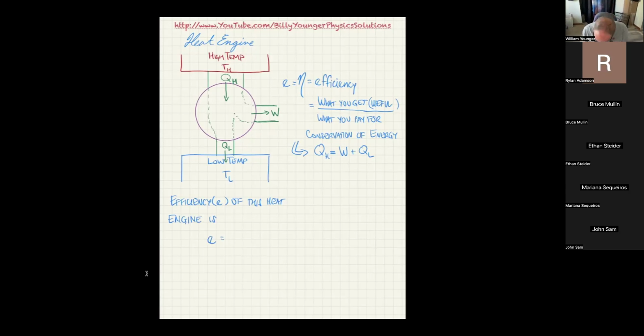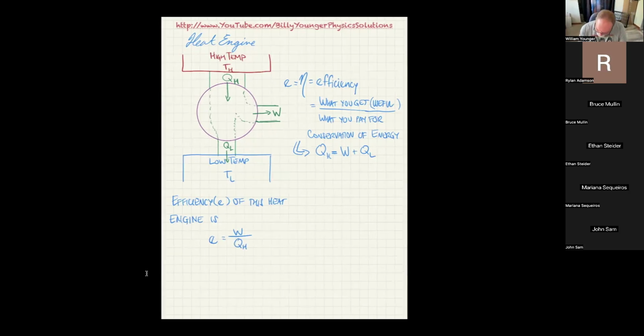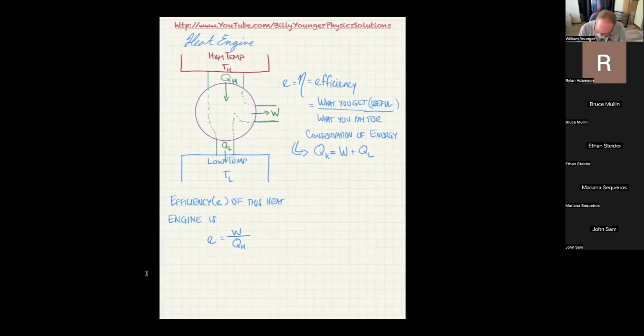So that's the W. And what you pay for is the whole QH, all that energy coming in. Now, that's pretty big, but you can also use this equation that I got from conservation of energy. That will tell us that W is equal to QH minus QL.